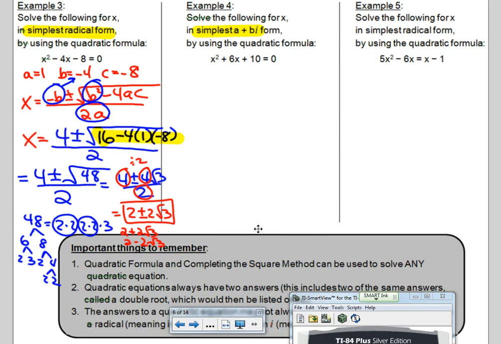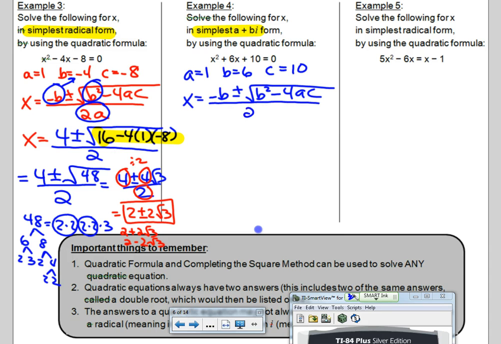All right, so putting our values in. A is 1, B is 6, C is 10. Writing down our formula. Okay, filling in our numbers, and again, I'm going to fill in and do these 3 spots.